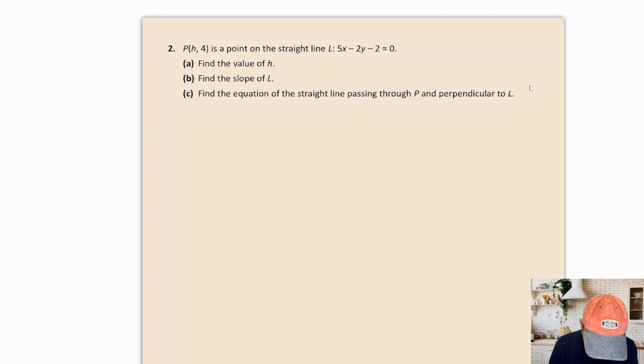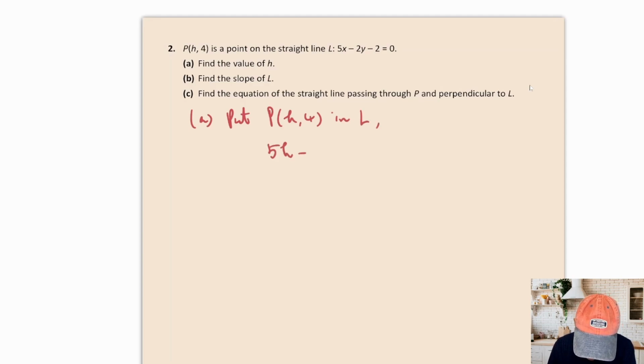So in part A, we put P(h, 4) in L. So 5h minus 4 minus 2 is 0. So 5h is 10, so h is 2.